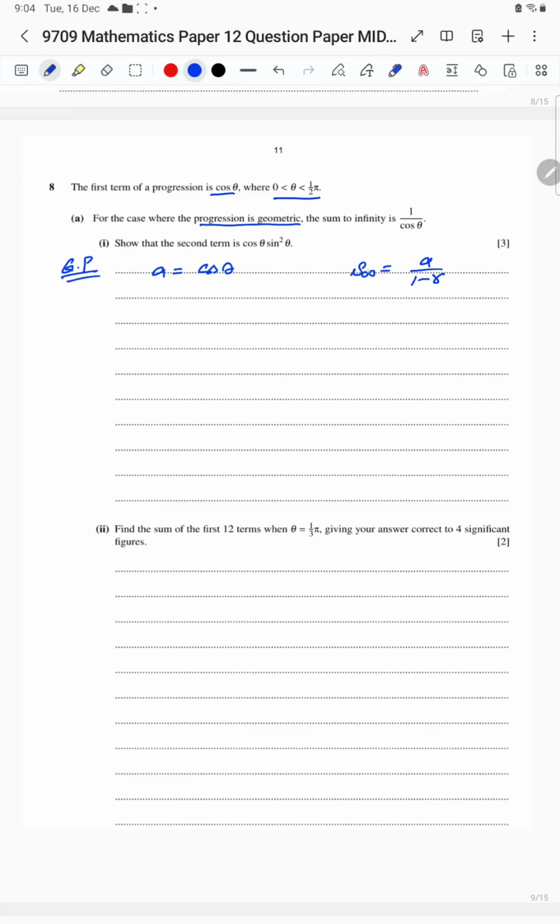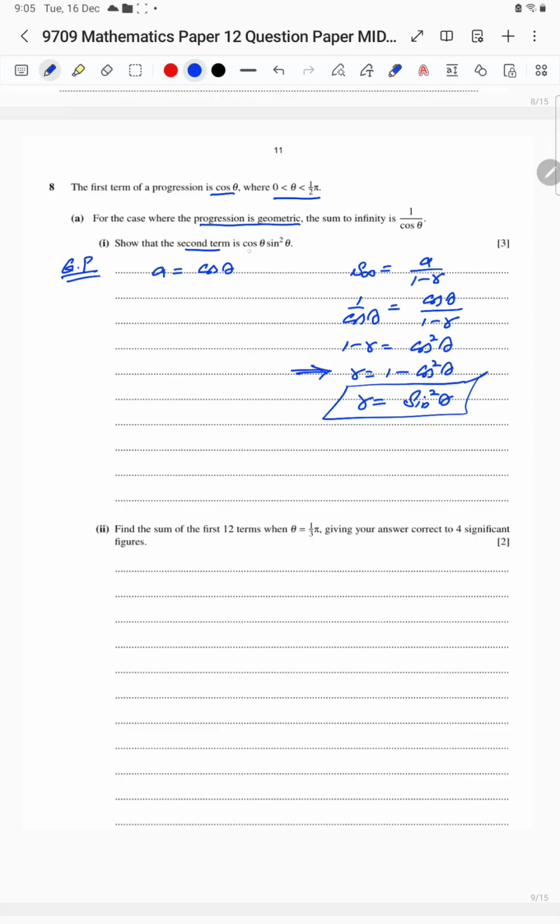That is given to be 1 over cos theta, equal to cos theta over 1 minus r. By cross multiplication, we get 1 minus r is equal to cos square theta. So r will be 1 minus cos square theta, so r will be sine square theta here. So we get the r as well.